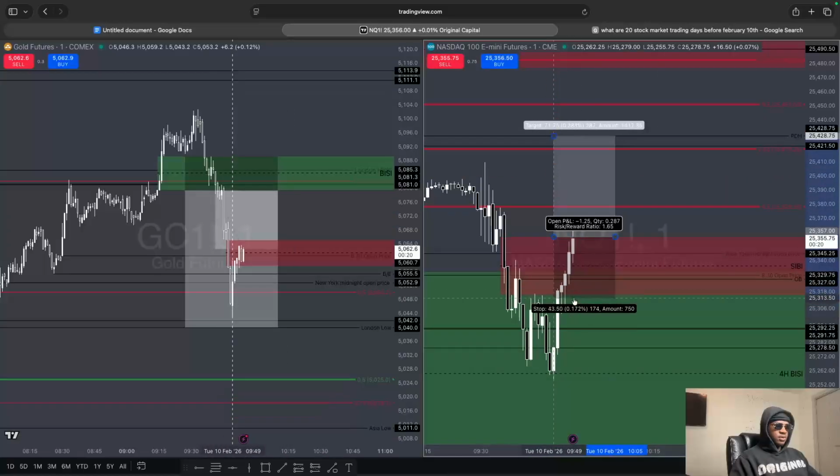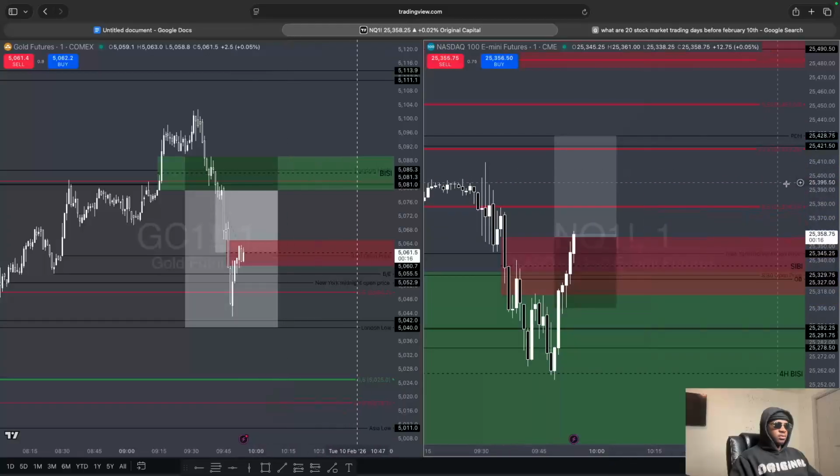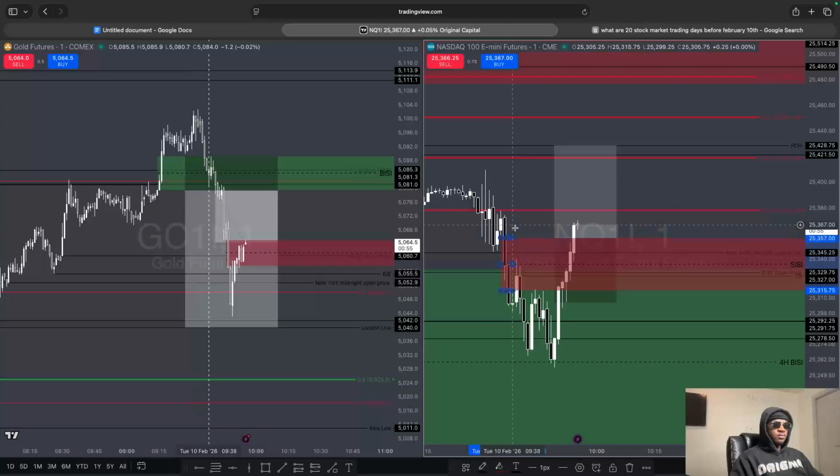That's good. I like what it's doing here. It's a good trade right here. He pushed out of it. Good relative equal highs above. Yeah, this is a good trade right here. I want to see those longs, the previous day high get hit on NQ. If we push back down in here, I'll go long.